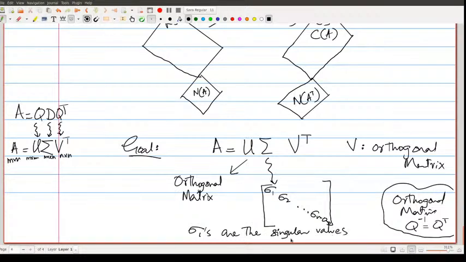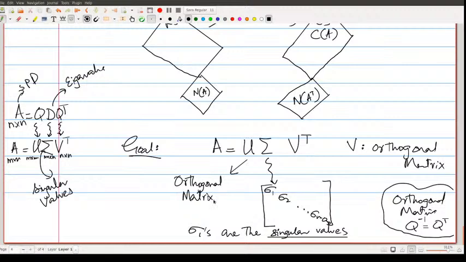These are analogous to the diagonal matrix D, where you have the eigenvalues; on sigma you have the singular values. That was the n by n case where A was symmetric positive definite. Here we don't know anything about A, but we're hoping to get this factorization of A into these components.